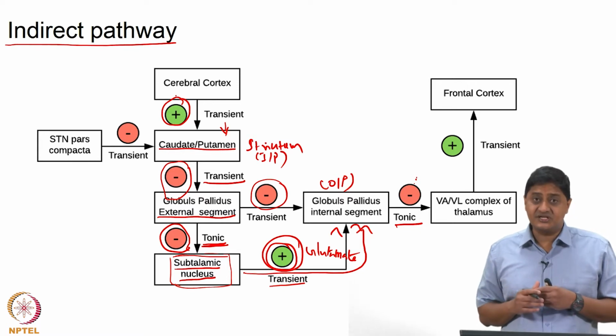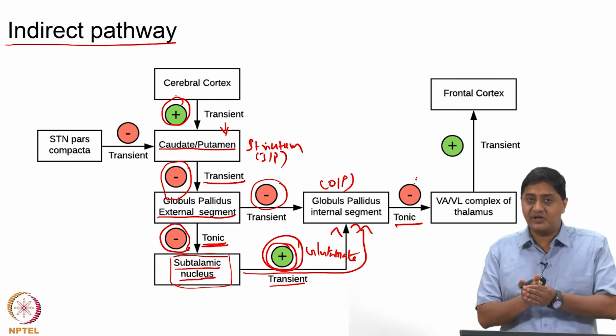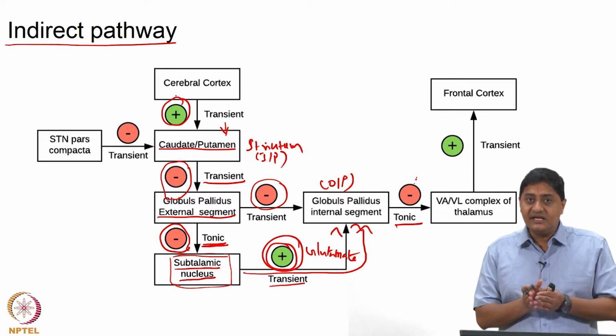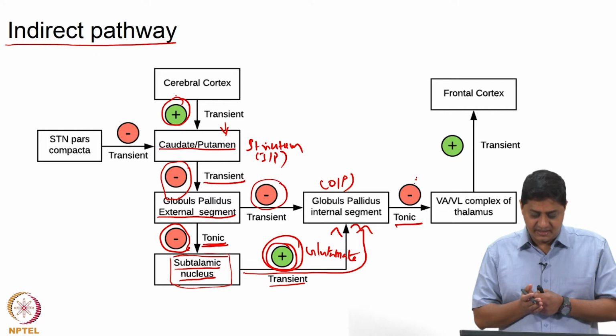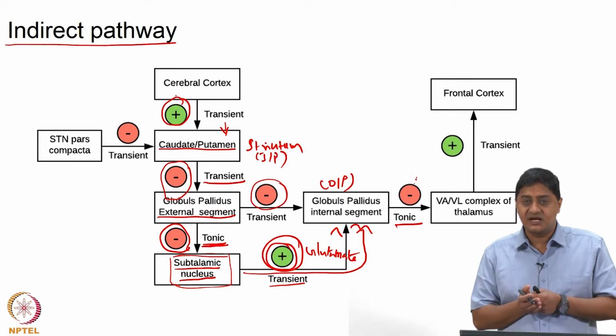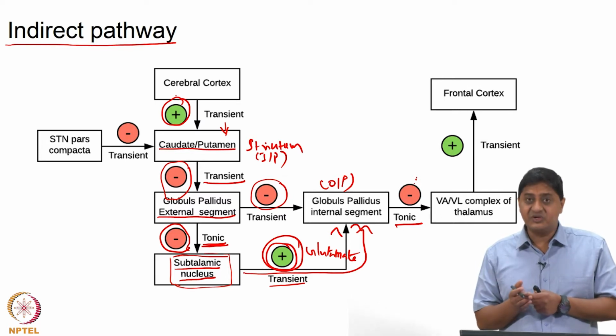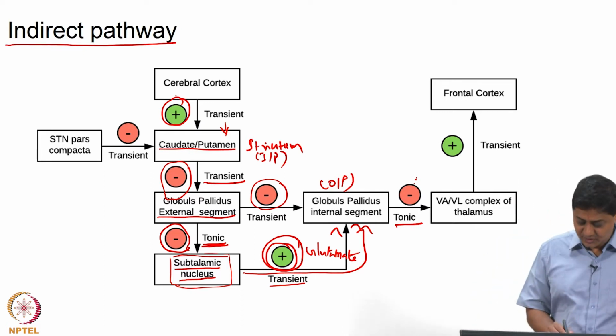On such occasions there is an excitation provided by the cortex that increases the activity of the striatal neurons. The striatal neurons themselves are inhibiting the GPE neurons, and the GPE neurons themselves are tonically inhibiting the subthalamic nucleus neurons, right.